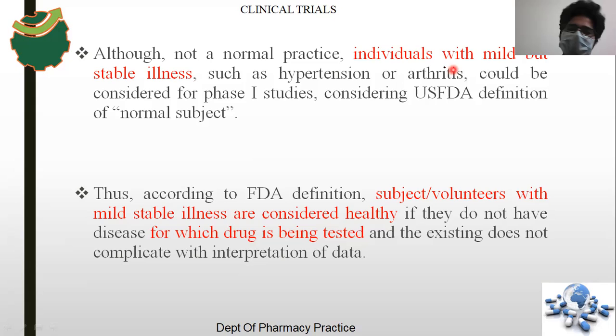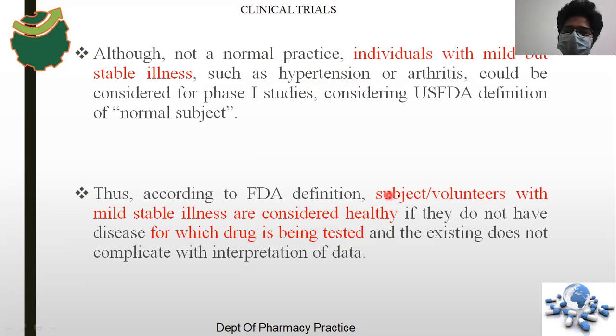Right? Hypertension, arthritis, nowadays it's becoming common. So if your drug is not going to treat your hypertension or arthritis, and it is for anti-epileptic or some other use, yes, you can take people with mild chronic disease conditions like hypertension, arthritis.